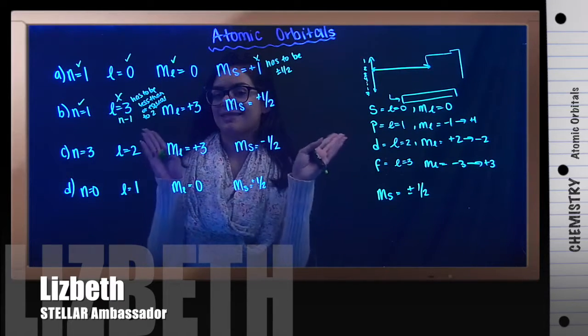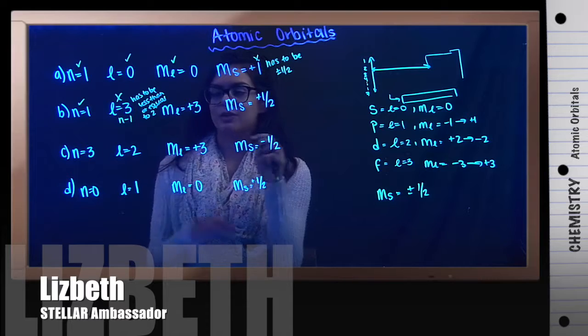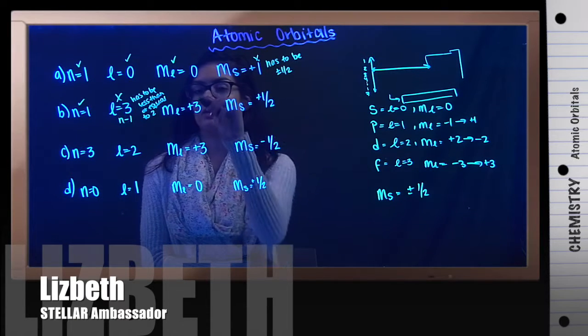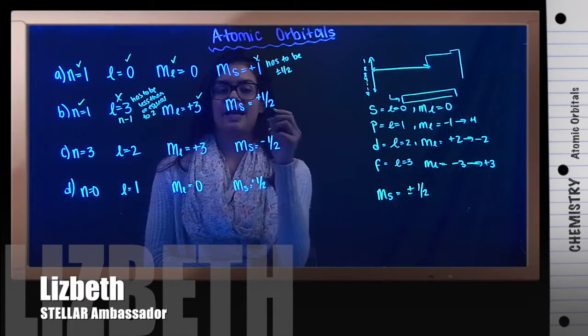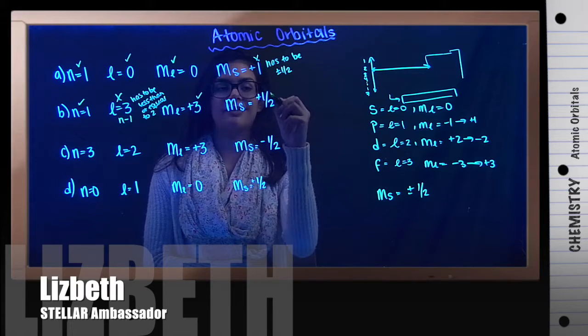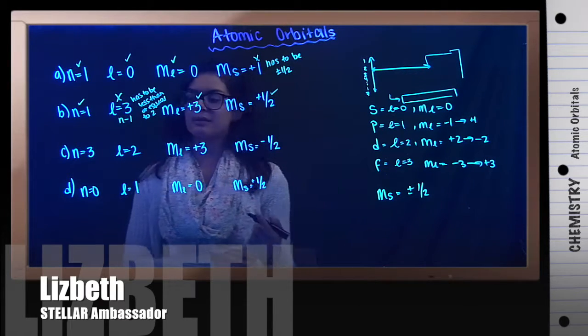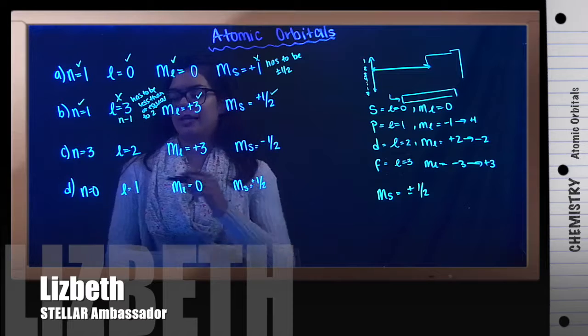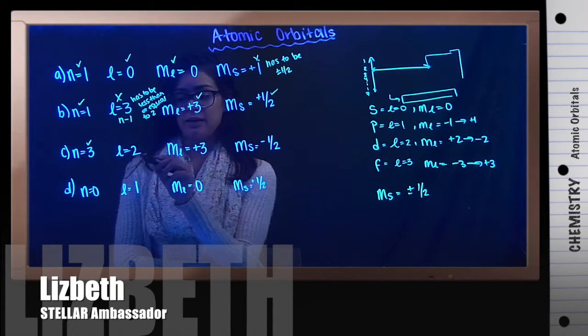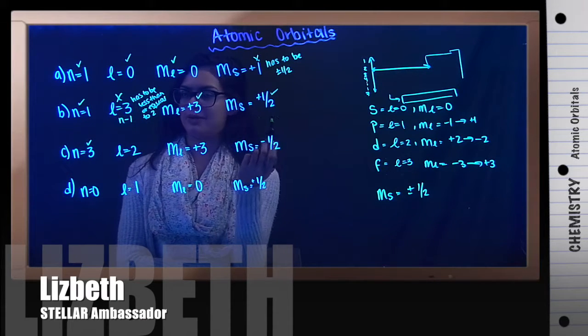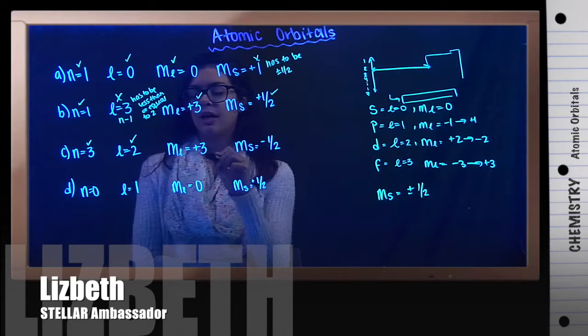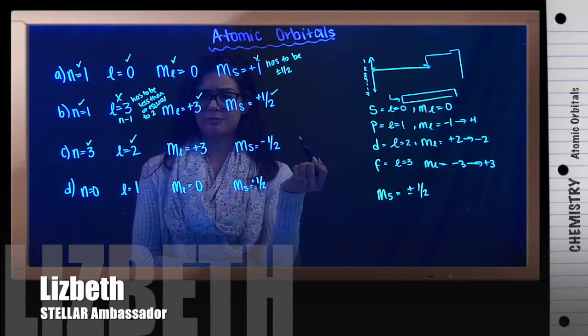If it's still theoretically L equals 3, M sub L could equal positive 3 because that's within the range, and M sub S equals positive 1/2 is fine because that's one of our options. For our next one, we have n equals 3, that exists. L equals 2, n minus 1 is 2, so that's fine. M sub L equals positive 3.